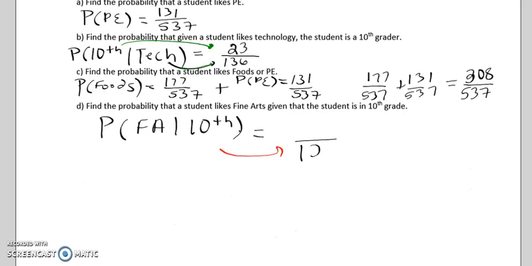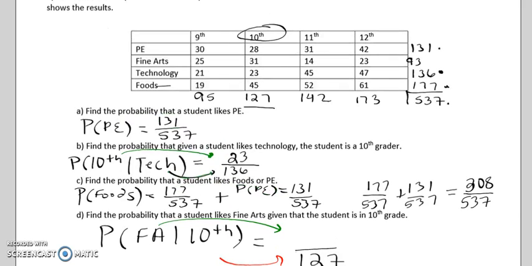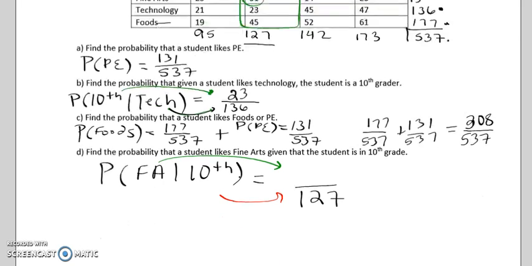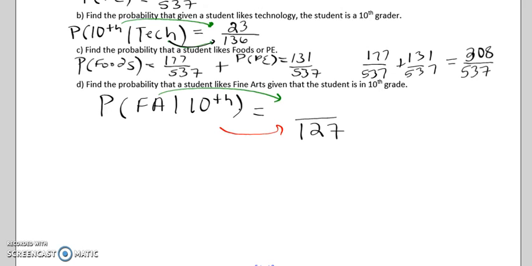So let's put 127 down here. And then the top comes from, out of those 10th graders, how many liked fine arts? So only looking at the 10th grade kids, what's the number of kids that liked fine arts? It's right here, 31. So we're going to put 31 up top. And there's our probability, 31 over 127. And that's it.